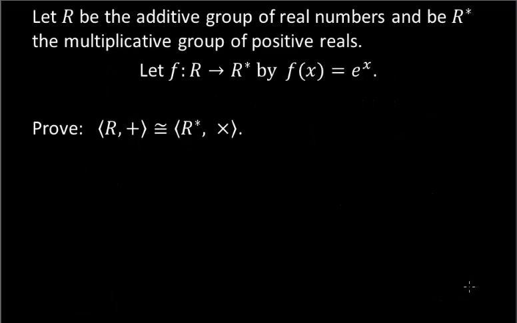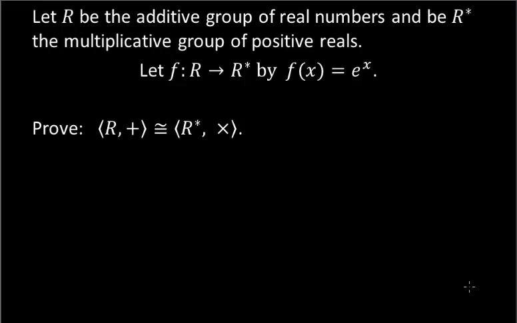So we'll do an example. Let capital R be the additive group of real numbers. 0 is the identity, the operation is addition. And let R star be the multiplicative group of positive reals, so it is all numbers greater than 0, which is a group under multiplication.